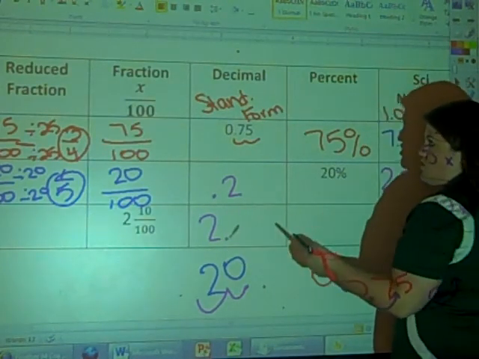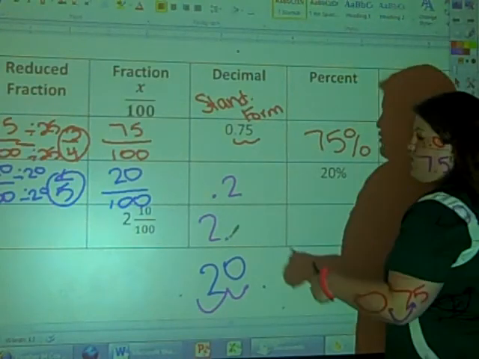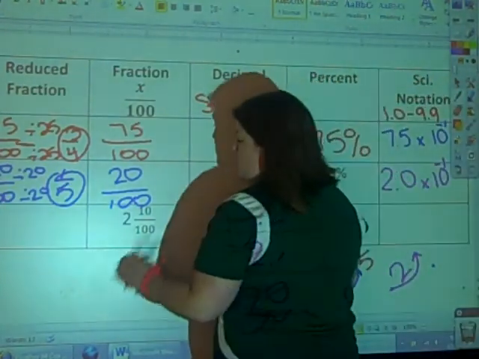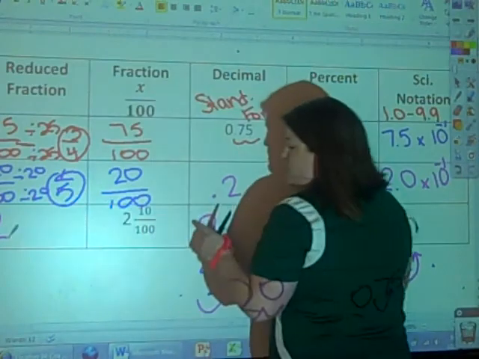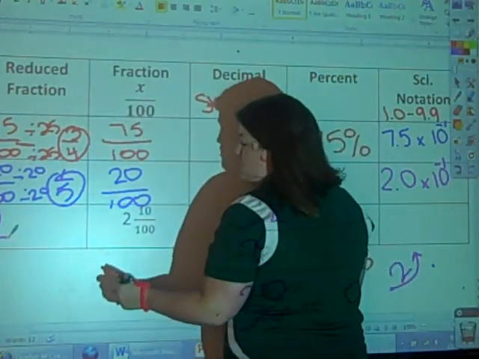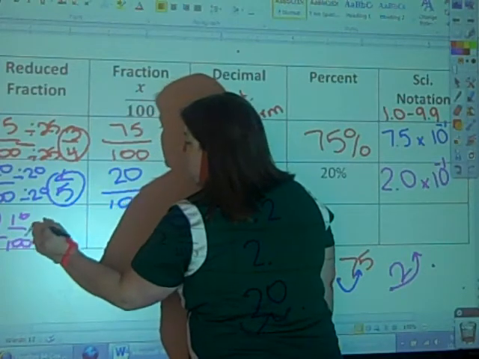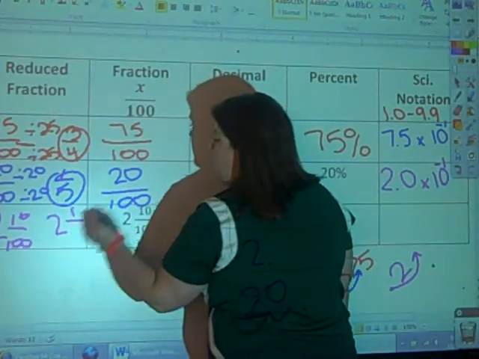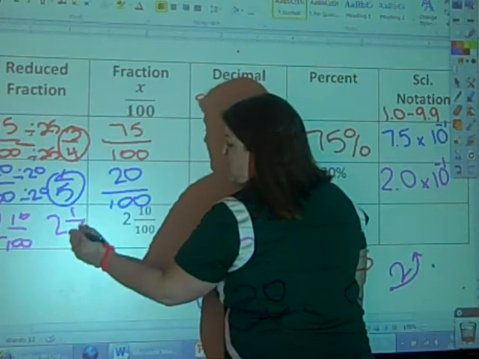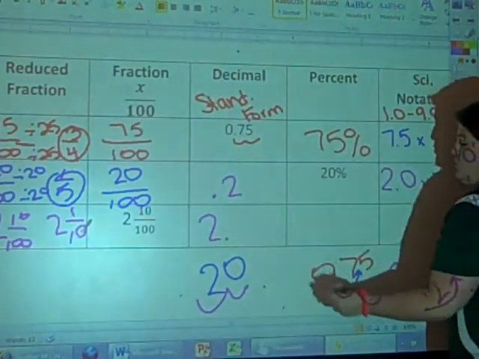You would actually want to go ahead and simplify, because that would be easier. So we still have 2. 10 and 100, they have a common factor of 10. 10 divided by 10 is 1, and 100 divided by 10 is 10. And that's why it actually needs to be 2.1.